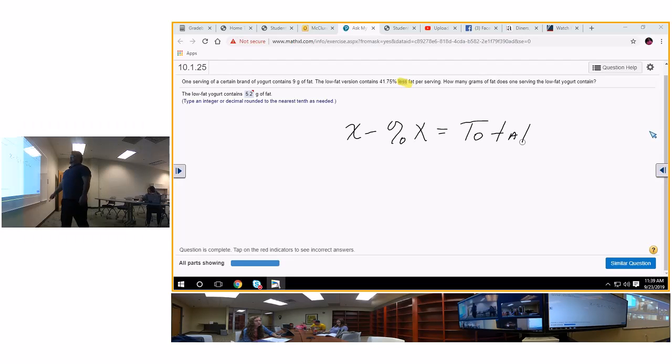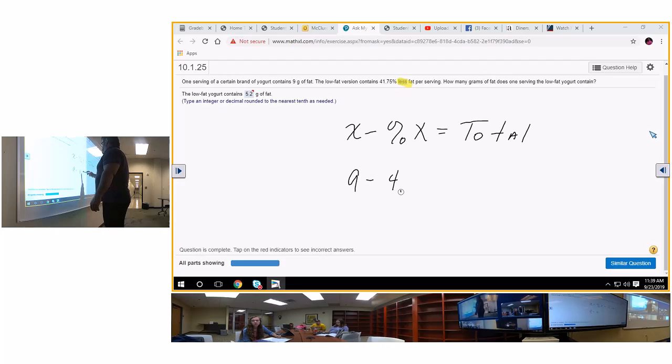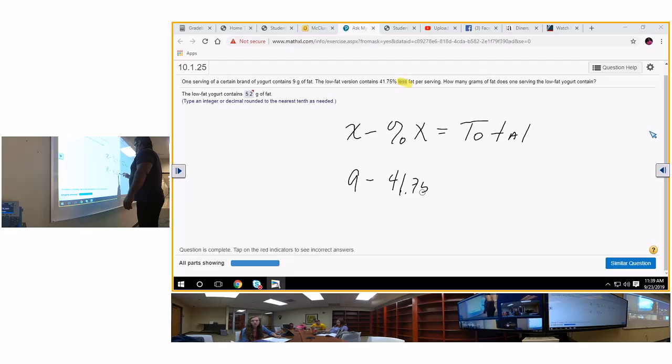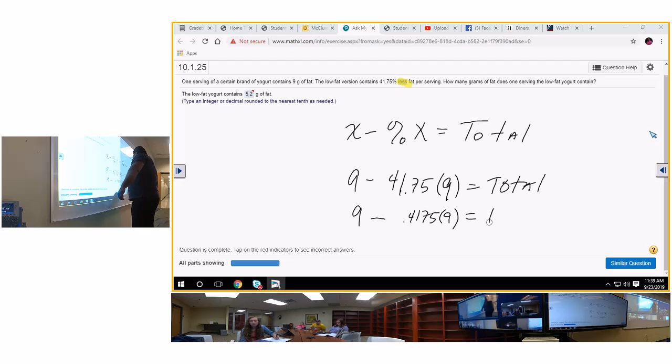Nine minus 41.75 of X, of 9, is equal to the total. 9 minus 0.4175 times 9 is equal to the total.